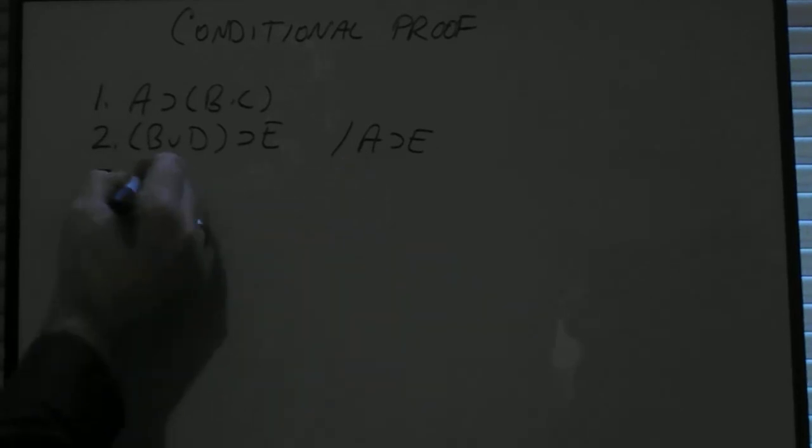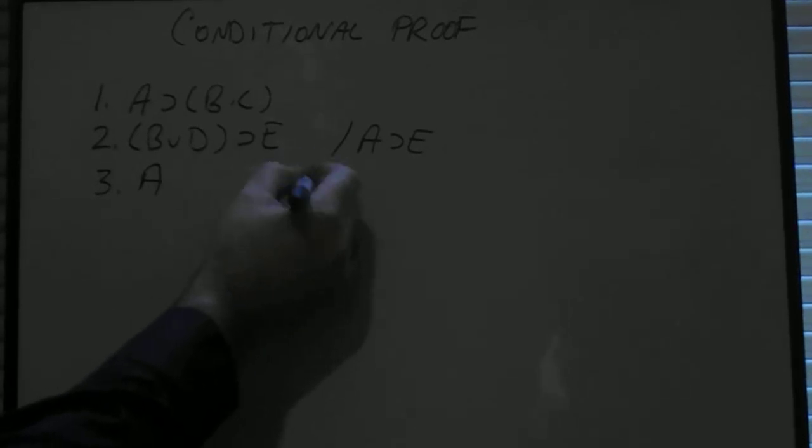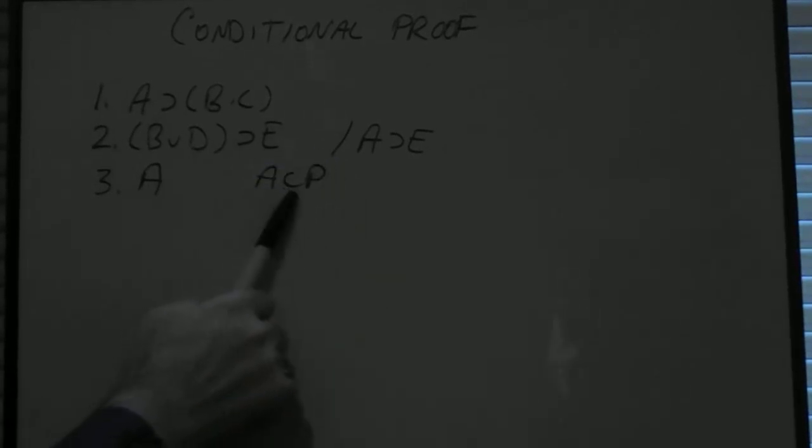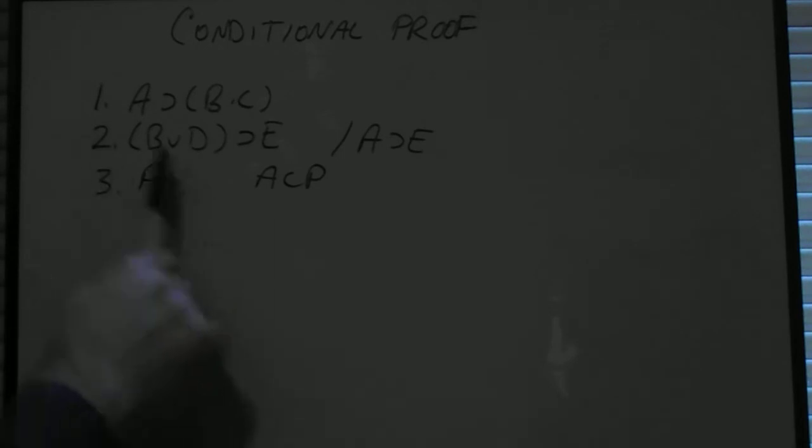So what you're going to do on your third line is take the antecedent, which in this case is A, and list that as ACP, assumed conditional proof. Okay? Everything that we're going to do is based upon the assumption that the antecedent is true.